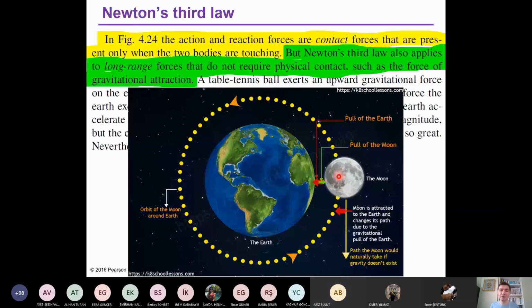Here we have the moon with a certain mass, and here we have Earth with a certain mass, and there is a gravity of the moon and a gravity of Earth. So the Earth applies a force on the moon due to gravity, and then the moon applies a force on Earth.